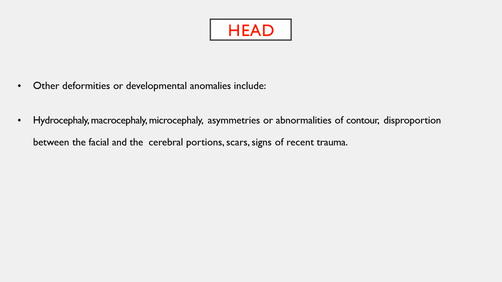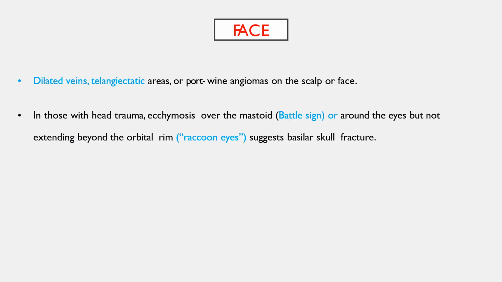Head. Again, you can comment on hydrocephaly, macrocephaly, microcephaly, asymmetries of the scalp, and disproportion between the facial and cerebral portions. Scars or any signs of recent trauma help you narrow down the differential diagnosis. Again, on the face, you need to look for dilated vessels, telangiectasias, and port-wine angiomas on the scalp.